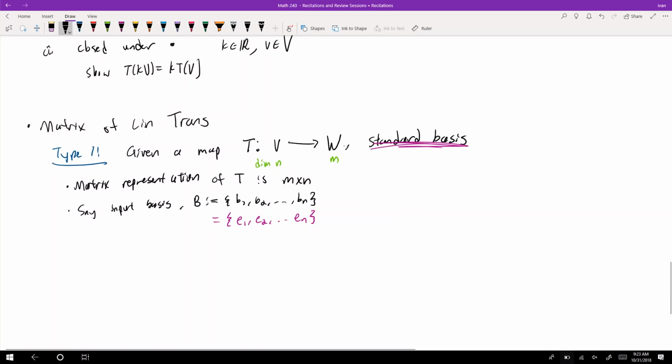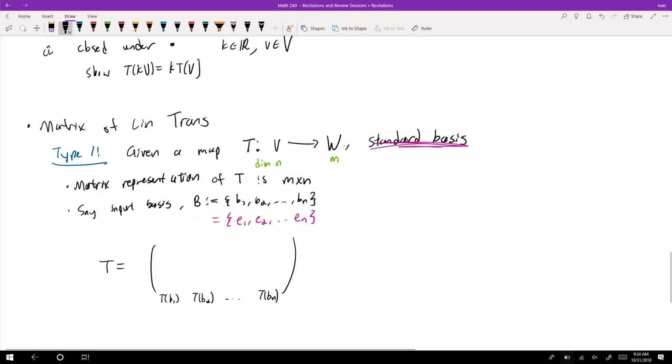And so now you have T is equal to the matrix where the columns are T of B1, T of B2, all the way to T of Bn. Okay, any questions here? I think I covered this in recitation last week.